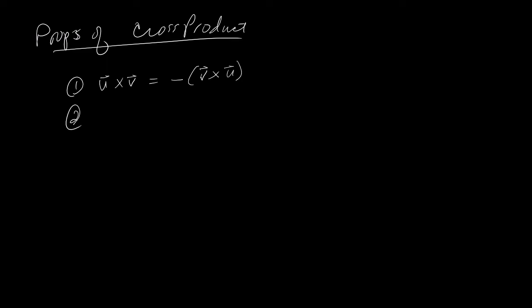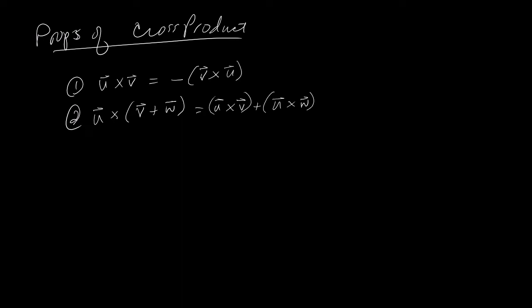Number 2, if I have u crossed with v plus w, that's going to be equal to u cross v plus u cross w. I'll put parentheses around these so that they're easy enough to see.